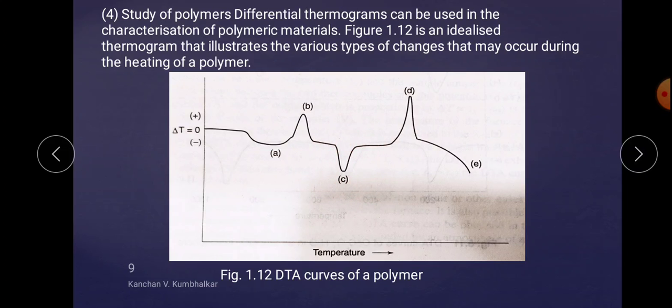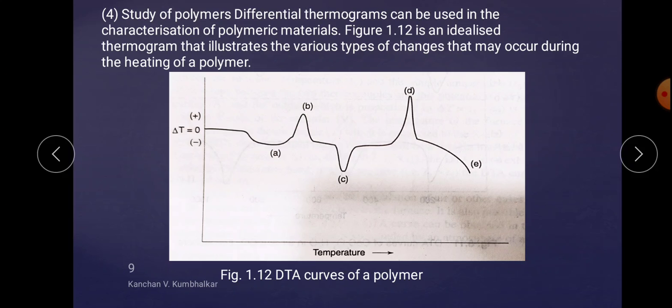The decomposition of the polymer is indicated by a sharp deviation of the baseline toward the endothermic side, indicating that the temperature of the sample does not rise beyond the decomposition point. So on the basis of the DTA curve, we can study the polymer.